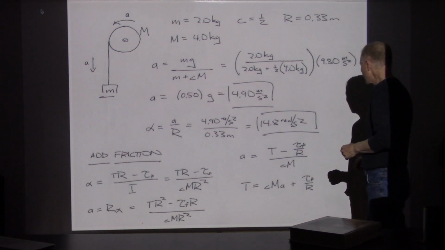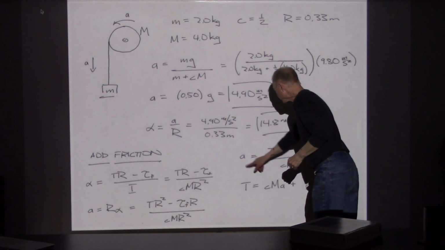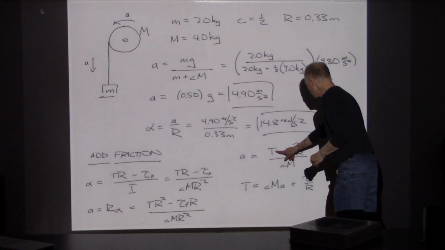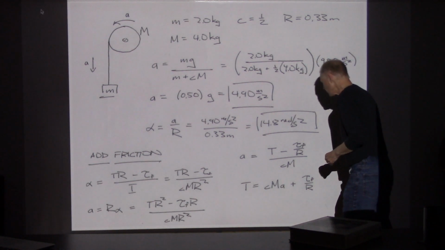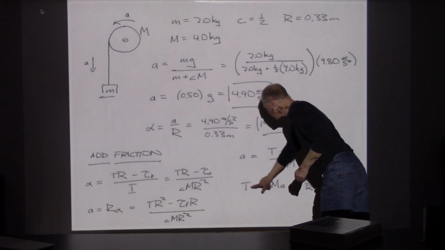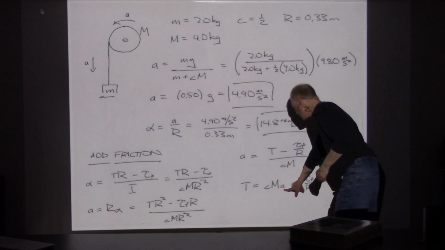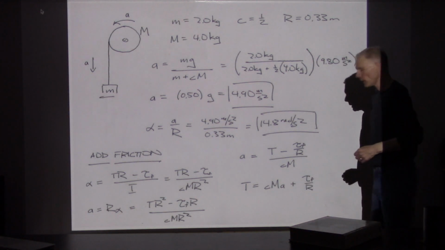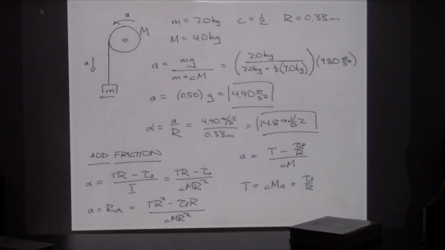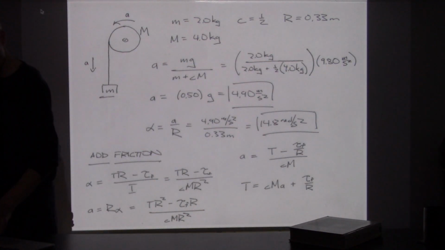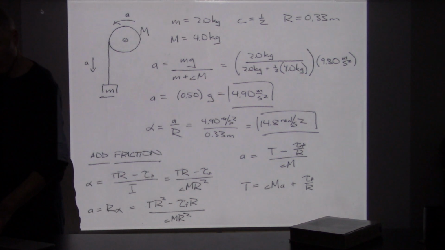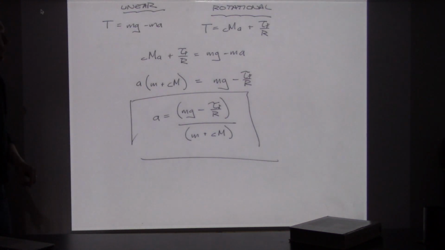So I rewrote that as the acceleration being given by tension minus torque over r, over cm. So the tension now, instead of being cma, has an additional term. We put the frictional torque back in, and we are following it through to see what happens.